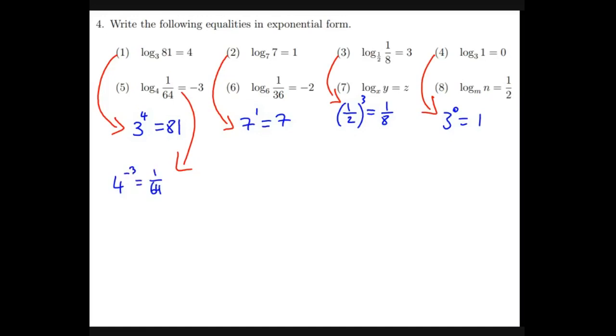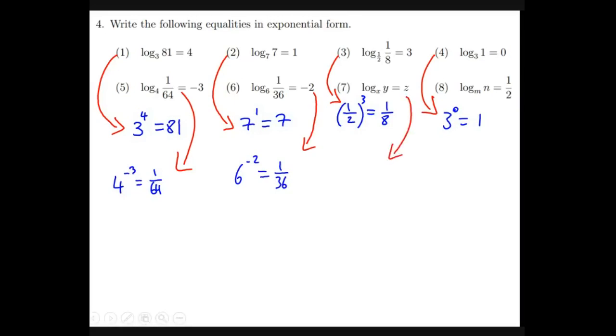Do I have to pick someone? Yes, please. Emery. Would that be 6 to the power of -2 is 1/36? Indeed. And could you pick the next one?